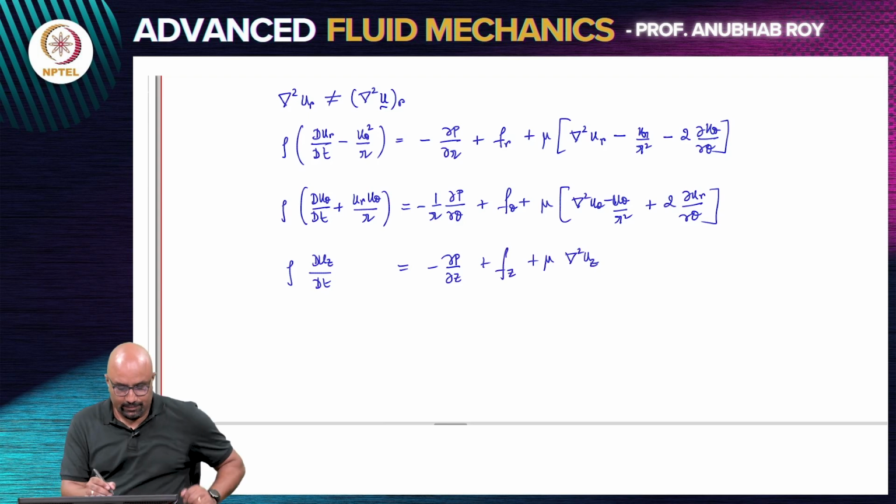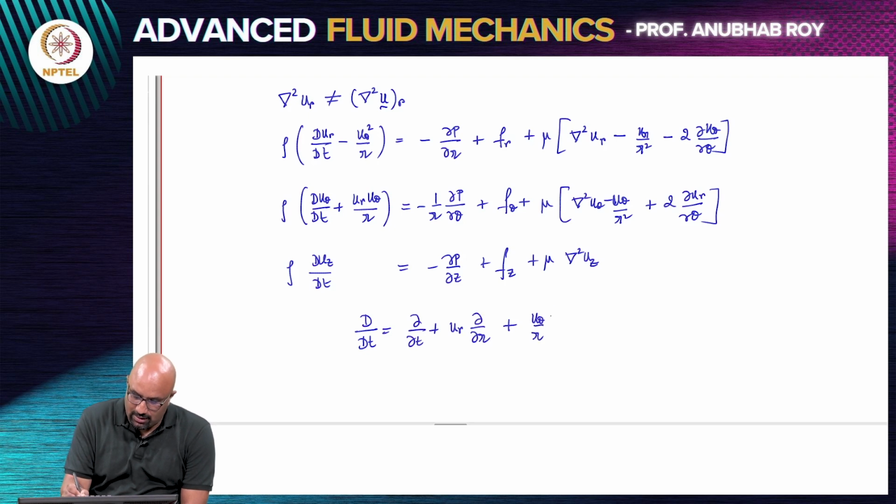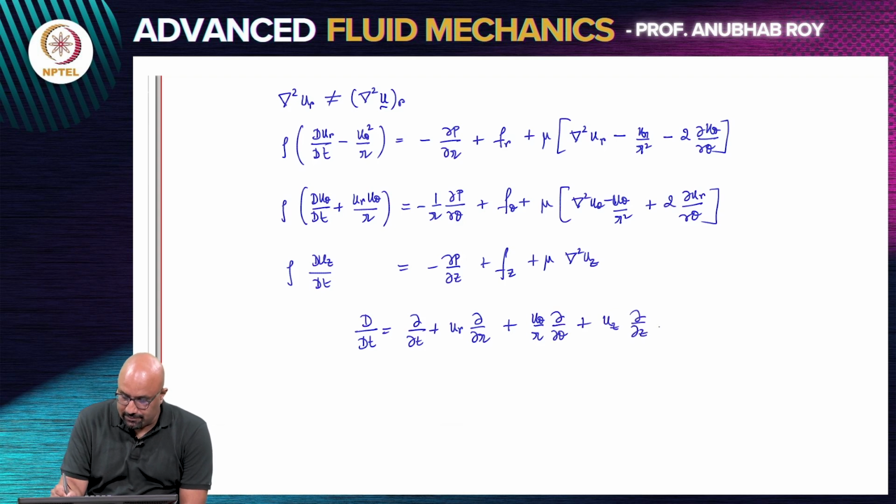So, here the material derivative D/Dt is ∂t plus ur ∂r plus uθ by r ∂θ plus uz ∂z.